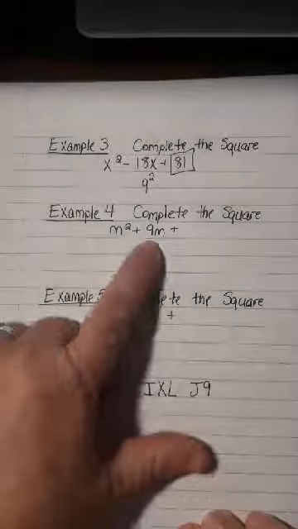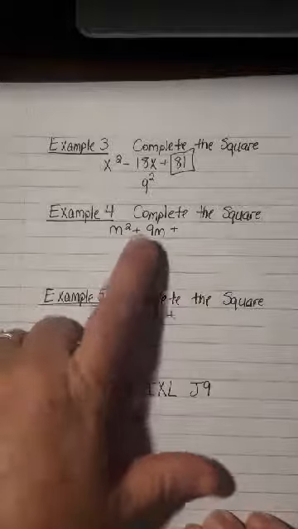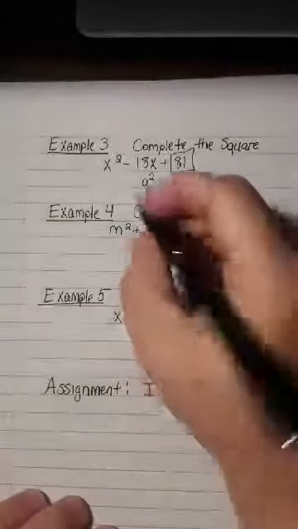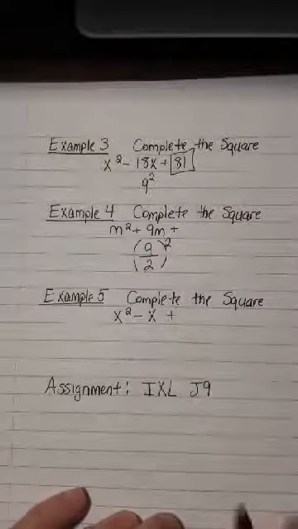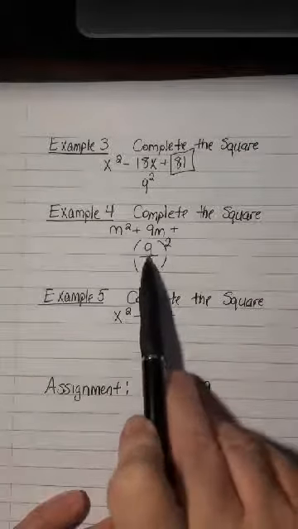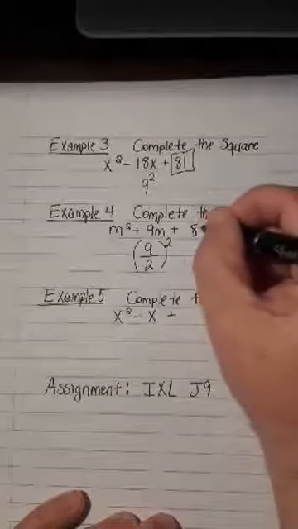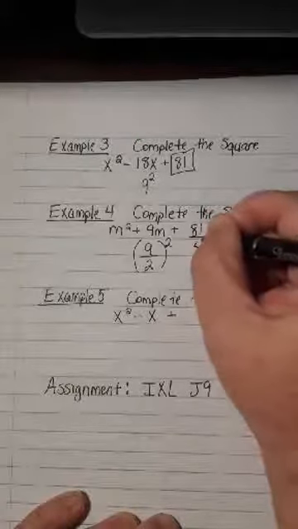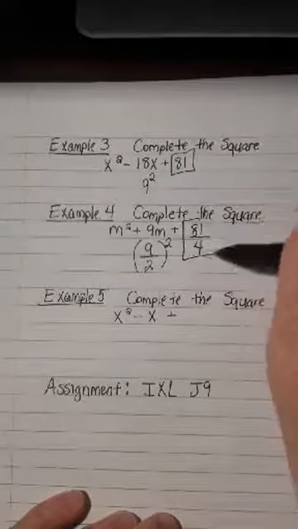So, if it's odd, you're just going to put it over 2. 9 over 2 is half of 9. And then you're going to square that. And when you square a fraction, you just square the top number and the bottom number. So that's going to be 9 times 9 over 2 times 2, which is going to be 81 over 4. And that's your answer. 81 over 4.